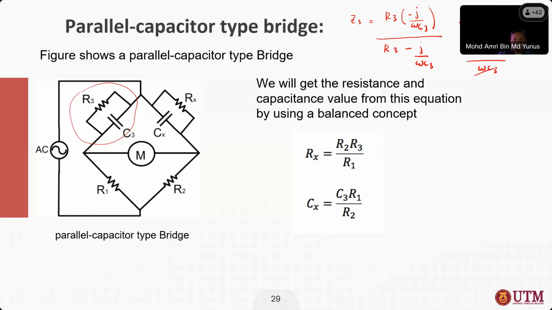So this divides, I get negative j R3 over R3 omega C3 minus j, or you can rewrite as j R3 over j minus R3 omega C3.